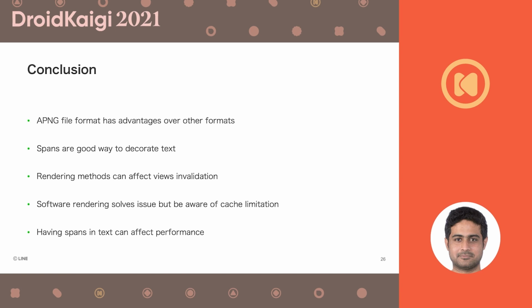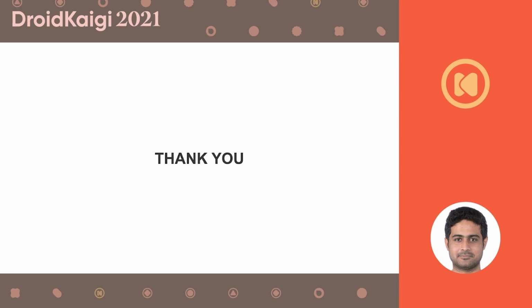The rendering method is important. Hardware rendering does not work for edit text, so we must use software rendering, and software rendering comes with cache limitation issues, so you have to watch out for it. Second, having a lot of spans in our text can affect our performance. So thank you. That's about it.